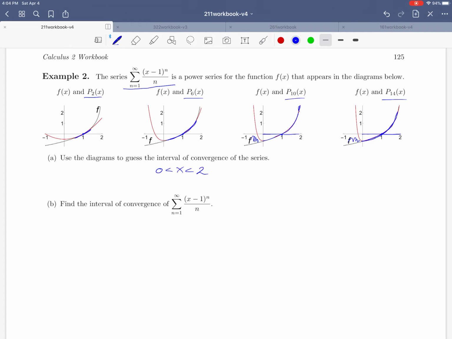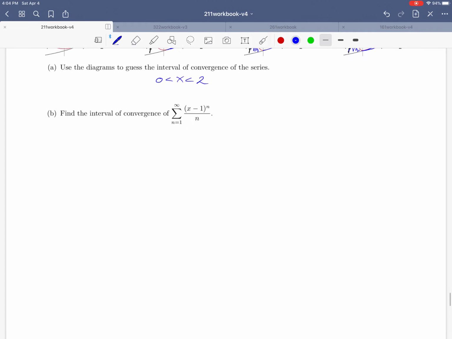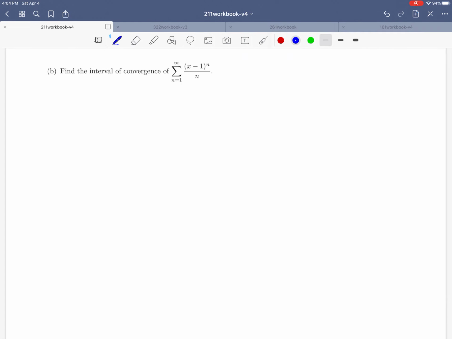Now let's see if we are right. Let's find the interval of convergence computationally. Just as in example 1, we are going to start by looking at the ratio test. The ratio test tells us to look at the limit as n goes to infinity of a_(n+1) divided by a_n in absolute value.